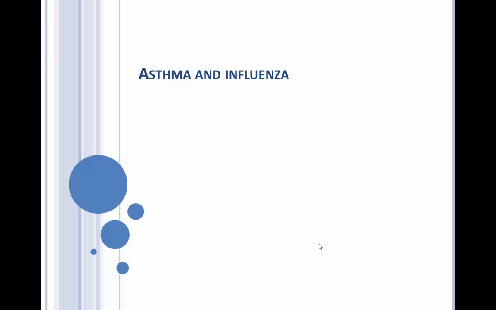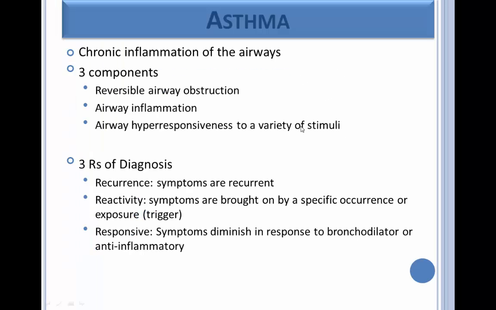Now let's talk about asthma and influenza. I already discussed it. Remember, it's a chronic airway hyperresponsiveness where mast cells degranulate, releasing not only histamine but also inflammatory mediators such as leukotrienes and other mediators such as lymphocytes, thromboxane, that produce leakage and edema.